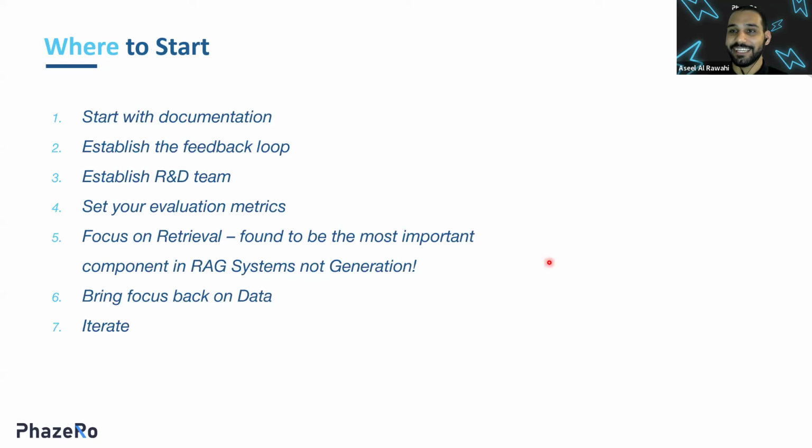If you don't have solid data, don't expect your system to output an accurate response all the time. You need to think about how your data looks and how you can utilize the data in your large language model application. And lastly, iterate. You'll need to iterate over and over so that your system becomes robust. You will find some edge cases that you can build your system around and make your system more efficient.